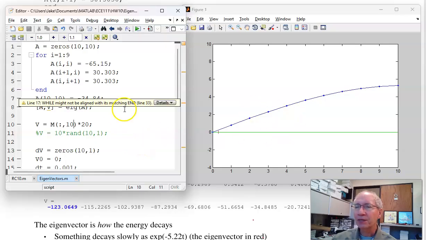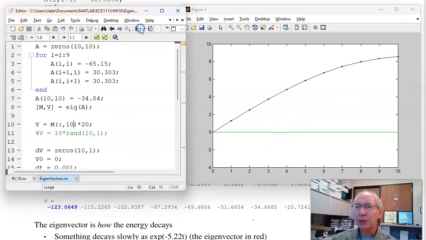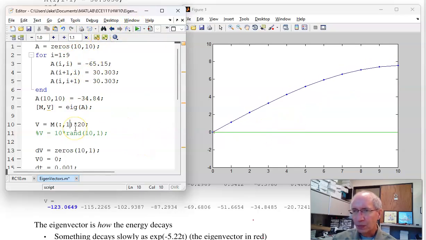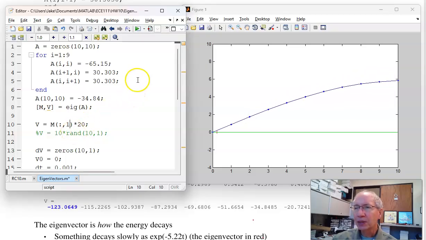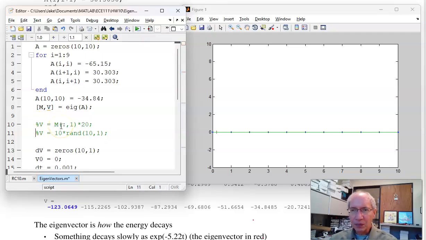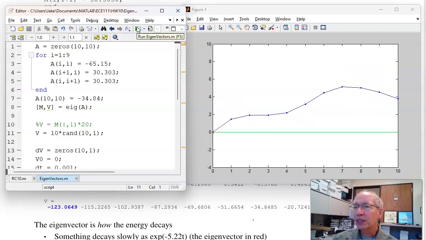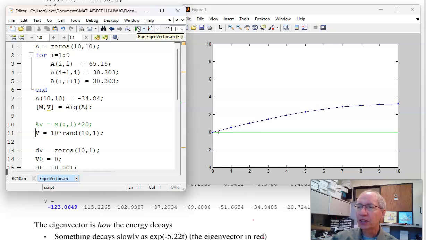And you can excite the fast mode, or here's the slow mode. There's the fast mode. Or if I excite everything, what you wind up with is all 10 modes being excited, the fast modes go away quickly, leaving the slow mode. So this actually is an eigenvector.